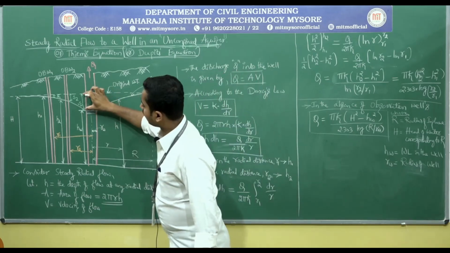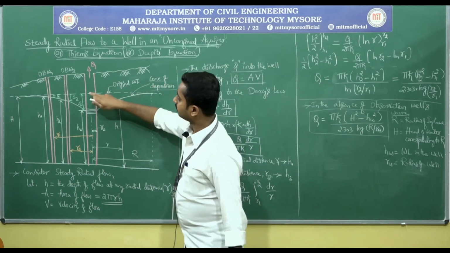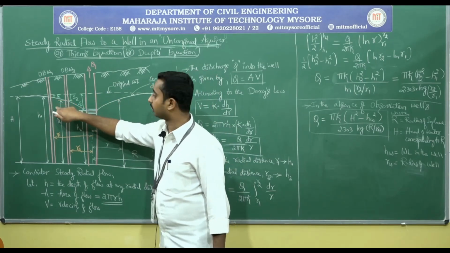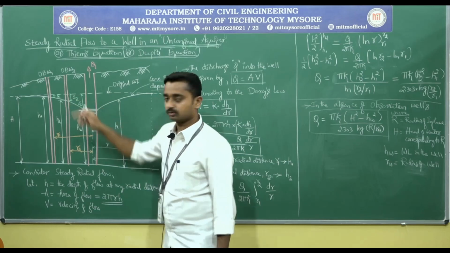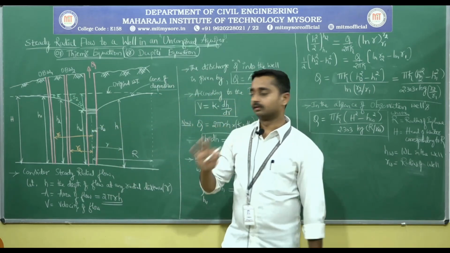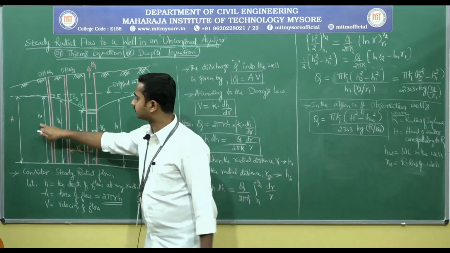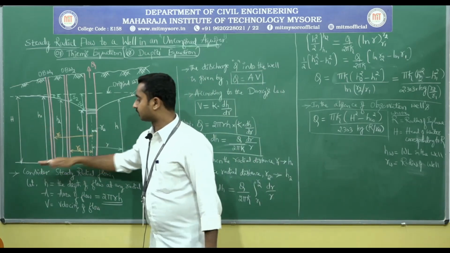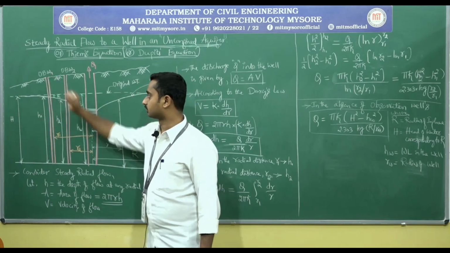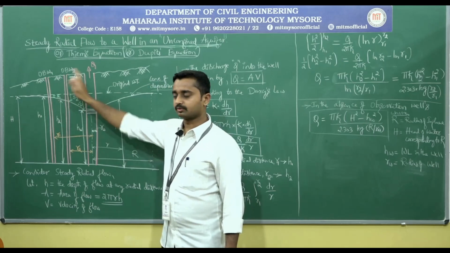This is the drawdown, SW, at the pumping well, and this is S1, the drawdown at observation well 1, and S2 at observation well 2. Drawdown is nothing but decreased water level. This is the height from the impermeable strata to the water level, H1 for observation well 1, and similarly H2 for observation well 2.